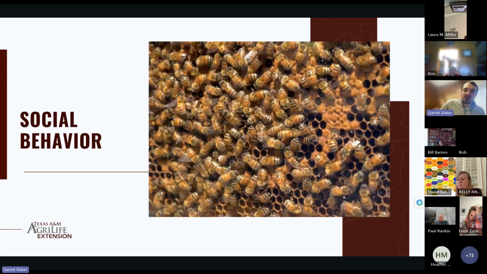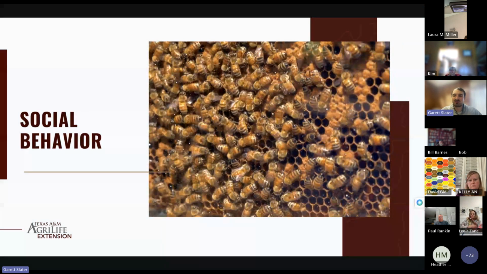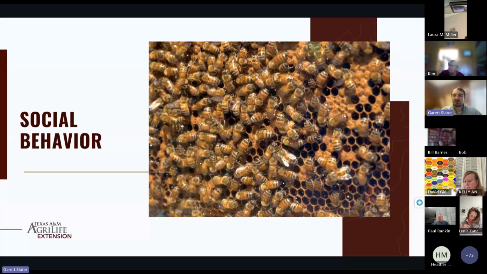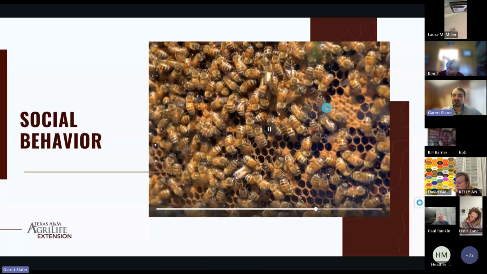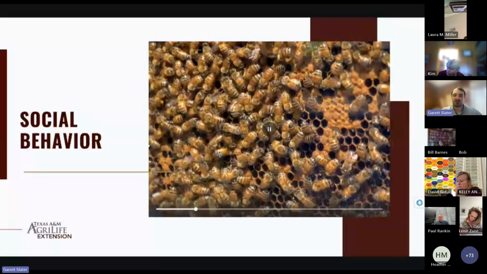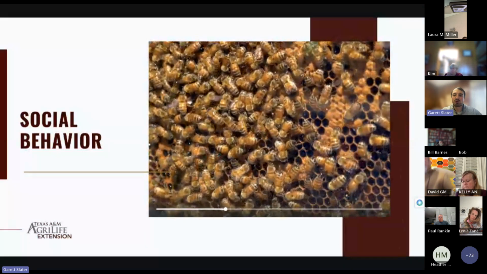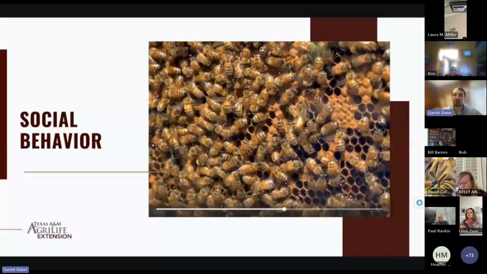Okay. One thing I really love about honeybees is their social behavior. I think this is what most people love and become passionate about: each individual bee, as I talked about early on, is doing individual tasks. Some are nursing, some foraging, but they all work together in a social collective group for the betterment of the entire colony.